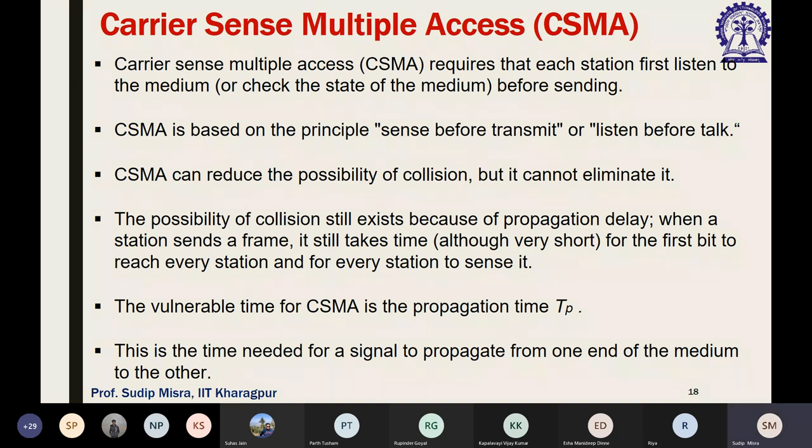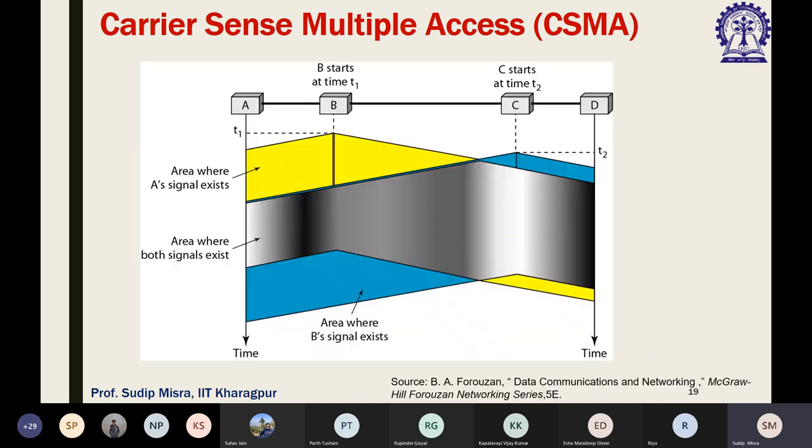Now, let us try to understand why this is so. As I said, carrier sense multiple access means that the station senses the carrier to see whether there is any transmission going on. If there is any transmission, it will do something. If there is no transmission, it is going to send the bits. So let us look at this particular scenario.